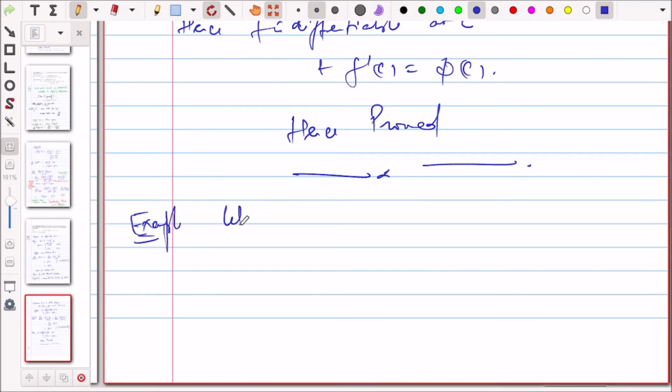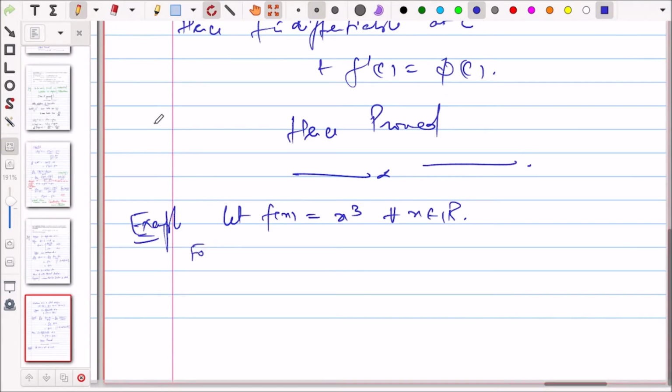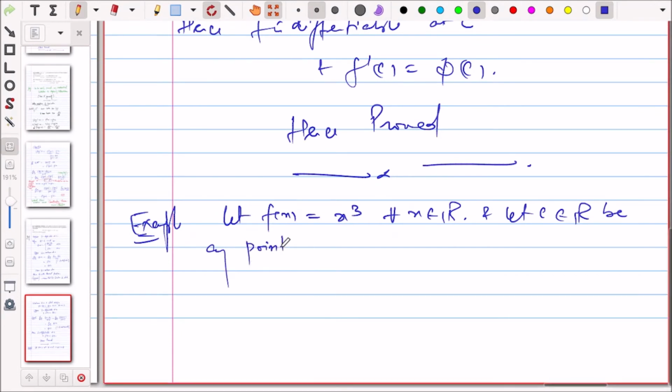Let f(x) equal to x cube for all x in R, and let c belong to R be any point.